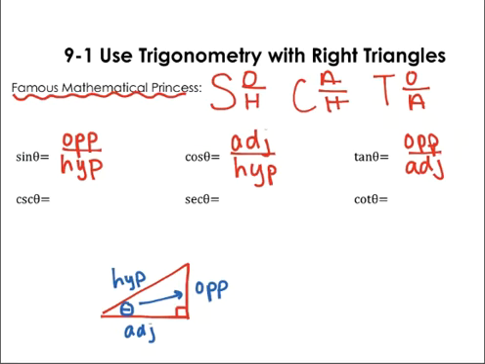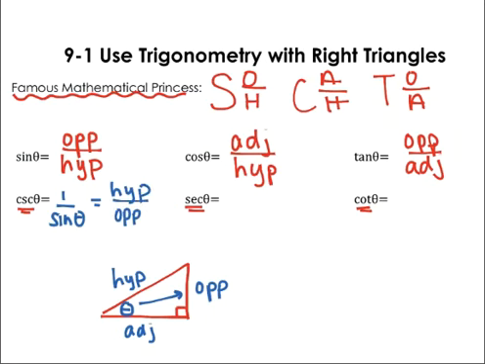We are going to add on to this, and we've got something called cosecant, secant, and cotangent. These are actually just the reciprocals of sine, cosine, and tangent. So, 1 over sine: since sine is opposite over hypotenuse, cosecant is hypotenuse over opposite.